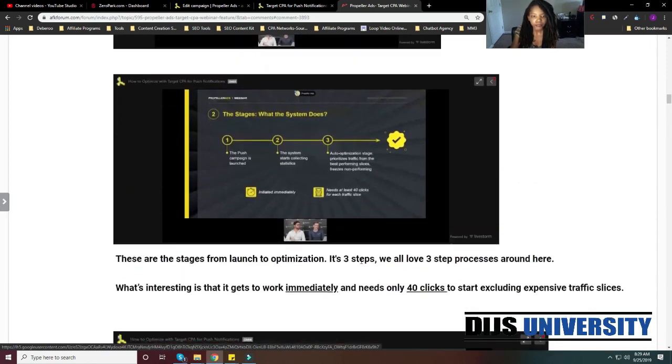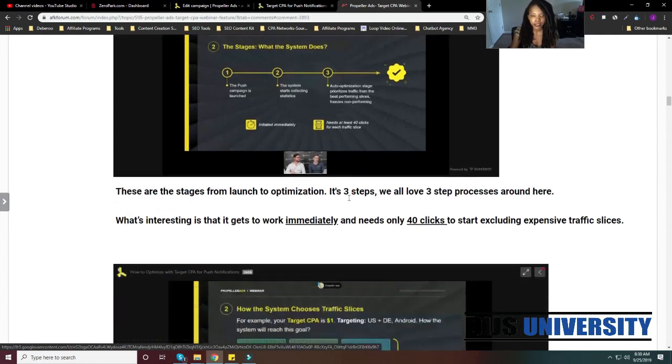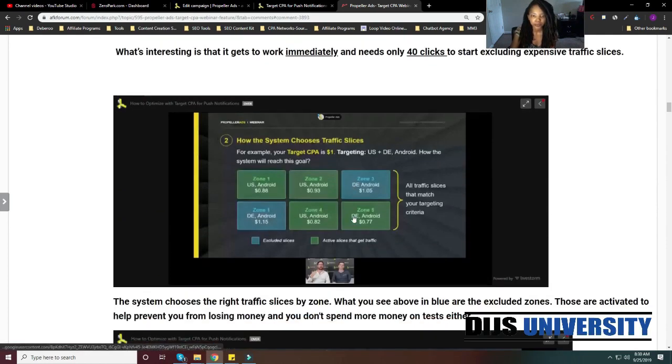This is where I meant about the 40 clicks. It's initiated immediately, I do believe that, but they probably should notate that you're not going to get anything until within the hour, and then at least 40 clicks. So what happens is it chooses, so let's say your target cost per CPA is $1, right?